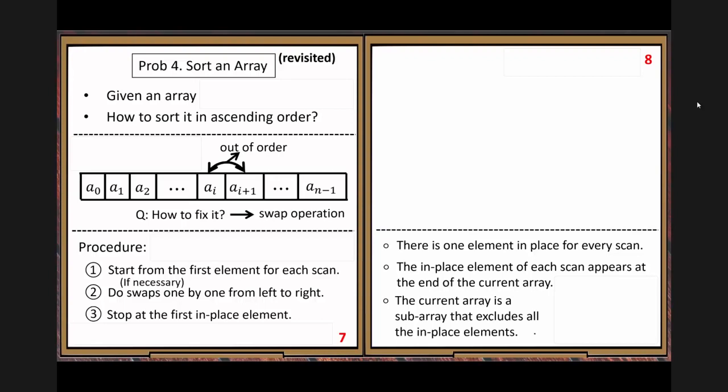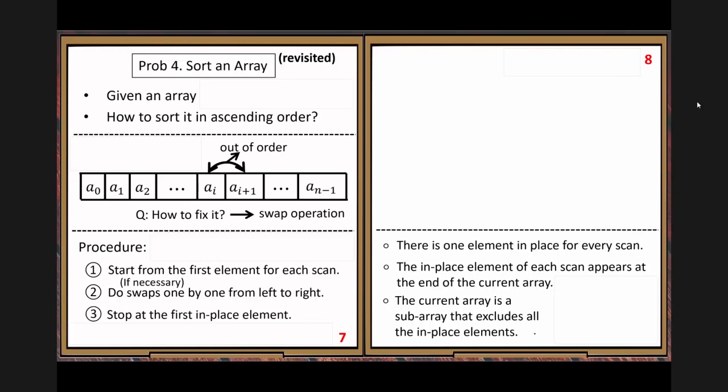The current array is a subarray that excludes all the in-place elements, because the trailing, end part elements are in place. And then finally, all the elements are in place.